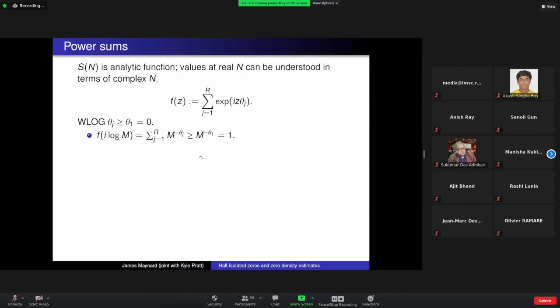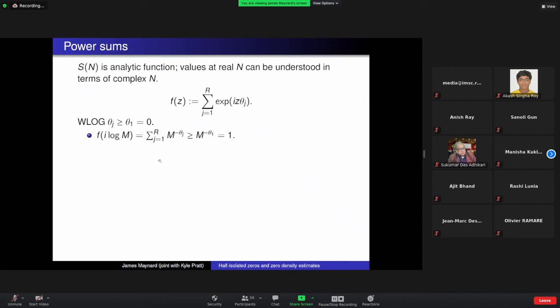And then if I evaluate this at purely imaginary arguments, because all the coefficients are 1, all of these terms become real, and just the first term from θ1 gives me a constant 1. And so I know that at any purely imaginary argument, this sum always takes fairly large values. In particular, it's always lower bounded by 1.